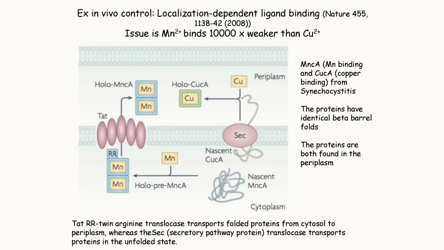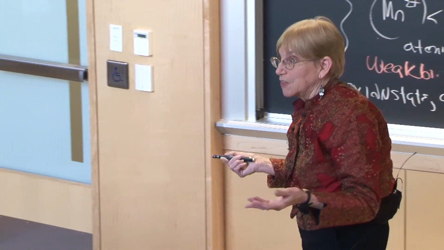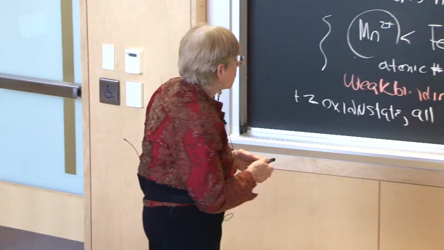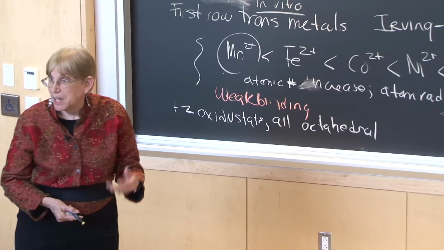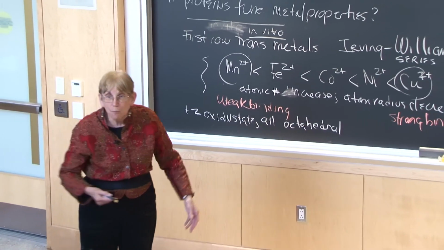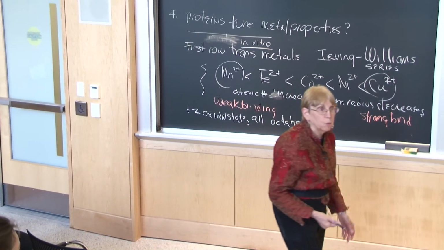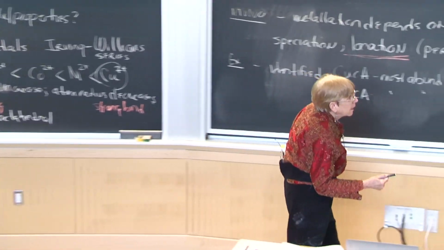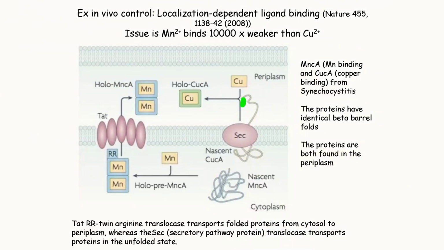And in the periplasm, I don't know what the ratio of copper to manganese is, but remember, copper, by this model, outcompetes manganese by a lot. So even if you have manganese and copper at equal amounts, the copper will always win out. And so what happens here is the copper then binds. And so the copper is loaded in a different location than the manganese.